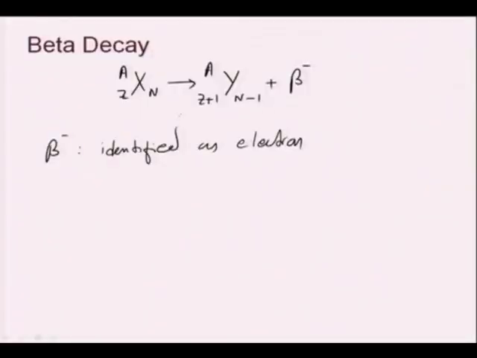So, what we have written here is basically the nuclear transformation, not the atomic transformation, and a nucleus with Z protons and n neutrons changes into a nucleus with Z plus 1 protons and n minus 1 neutrons. So, these electrons are actually coming from the nucleus; it is distinct from the atomic electrons, the electrons which are moving around the nucleus.